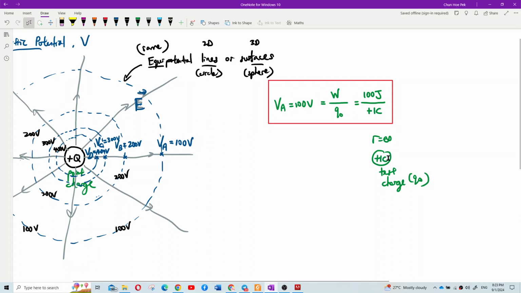When this test charge is very far away, there is no repulsive force. We know positive charge and positive charge repel. Here there is one point charge, and here a test charge, so you have two charges, and being positive, they repel. But at r infinity, they are very far apart, so the electric field is very weak.